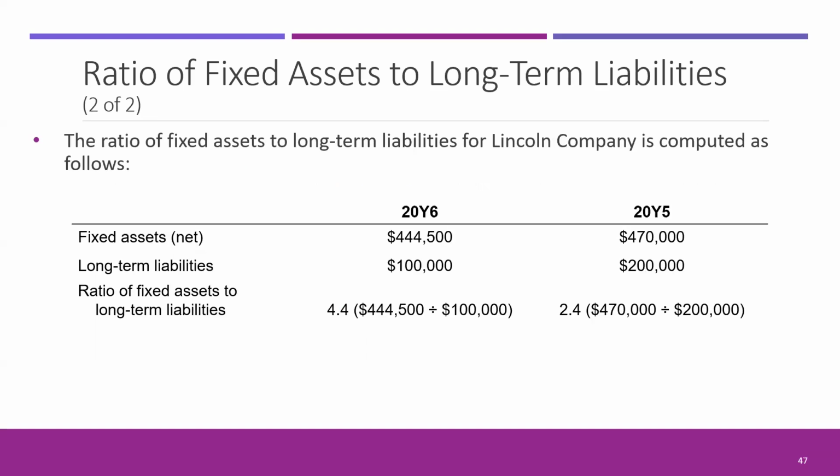These two companies are extremely solvent because their fixed assets are 4.4 times or 2.4 times greater than the long-term liability. So if they went under, the bank would seize the assets and they probably wouldn't be happy, but they would not lose much money at all.